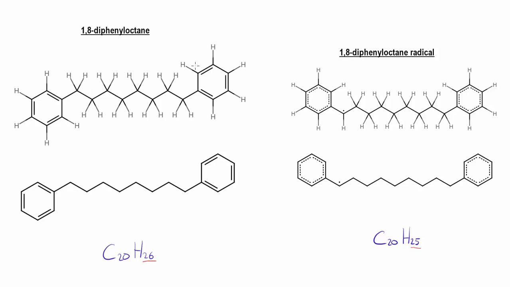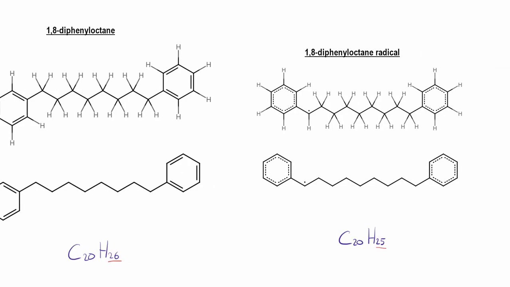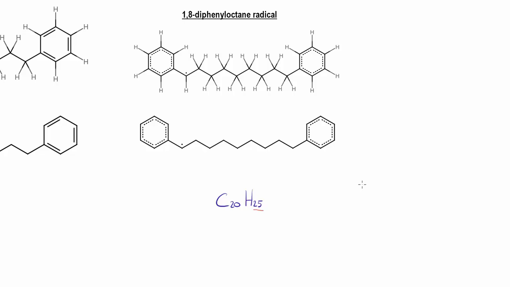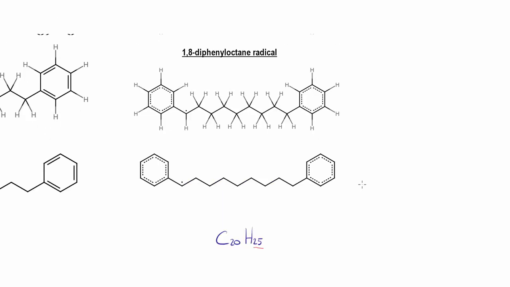However, if this engages in a radical substitution reaction, if a hydrogen gets knocked off this molecule and it ends up with an unpaired electron and becomes a radical, this can become C20H25.